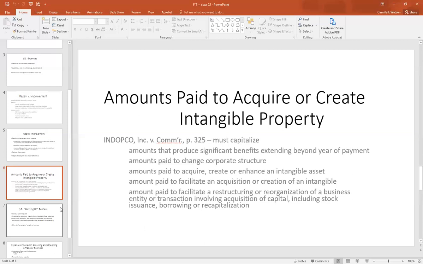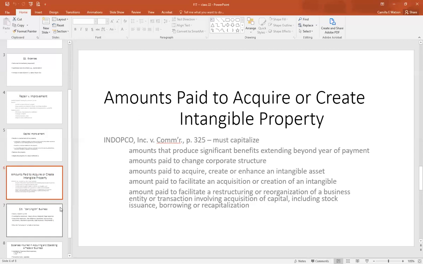And third, amounts paid to facilitate a restructuring or reorganization of a business entity or transaction involving the acquisition of capital, including a stock issuance, borrowing, or recapitalization. The regs also provide, though, that compensation paid to employees, overhead, and de minimis costs do not have to be capitalized as amounts that facilitate a transaction.